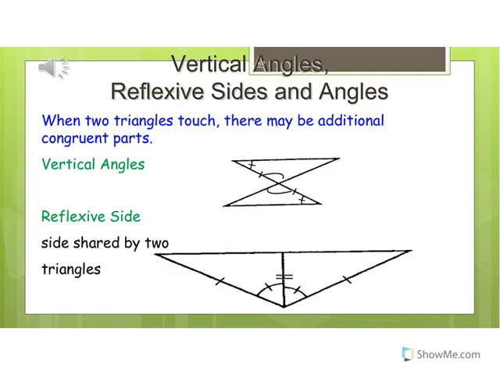Okay, and the next one is vertical angles, reflexive side, and angle. When two triangles touch, there may be additional congruent parts, right? So then here we have these two angles are congruent, and these two sides are congruent, and this angle, so this is angle, side, oops, my mistake.